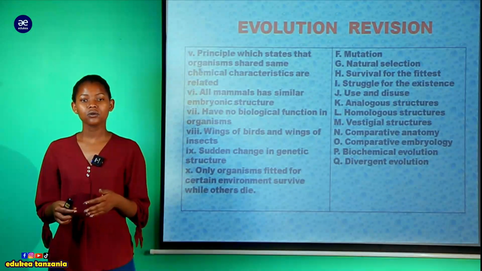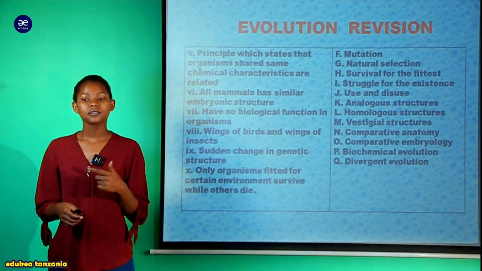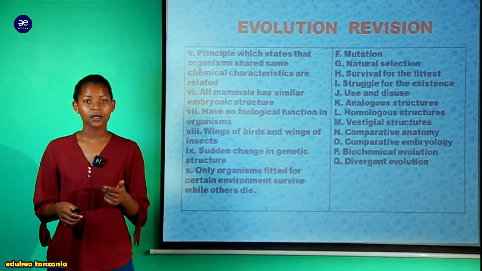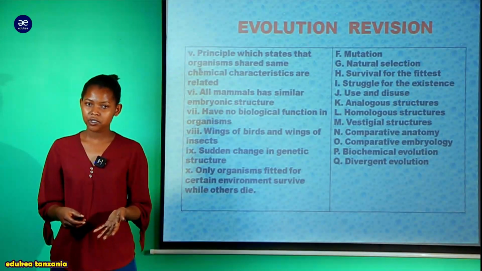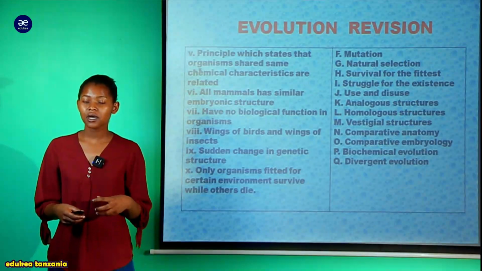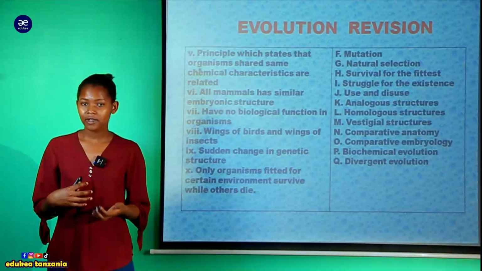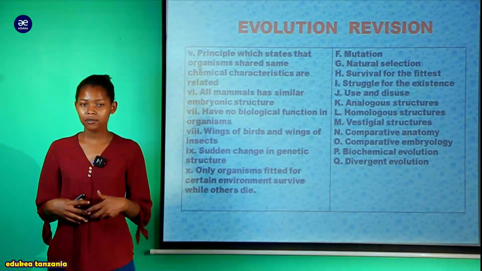For instance, you can take an example, wewe human being and let's say a dog, you have the common ancestor, but you are different species. This is called divergent evolution. Due to the result of divergent evolution, ikatokea emergence of new species from the same ancestor.